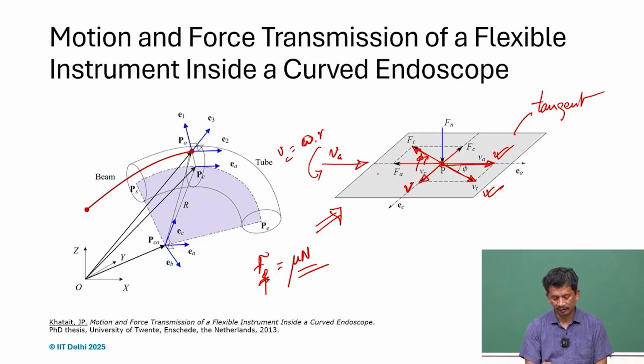Ultimately, the force along the axial direction is only the component in that direction. From the figure itself, you can see that it has reduced, and is simply the cosine component of Ft.